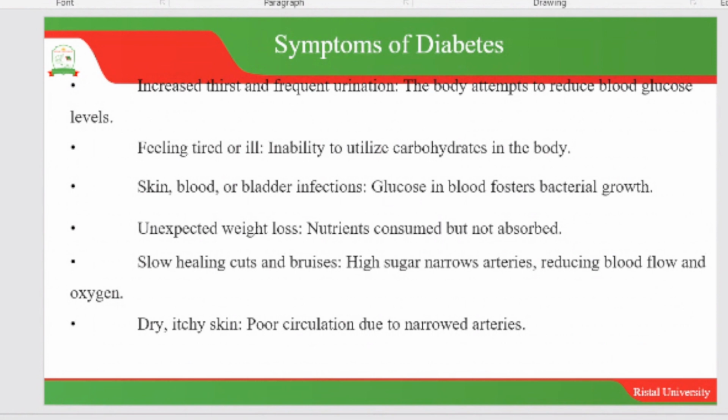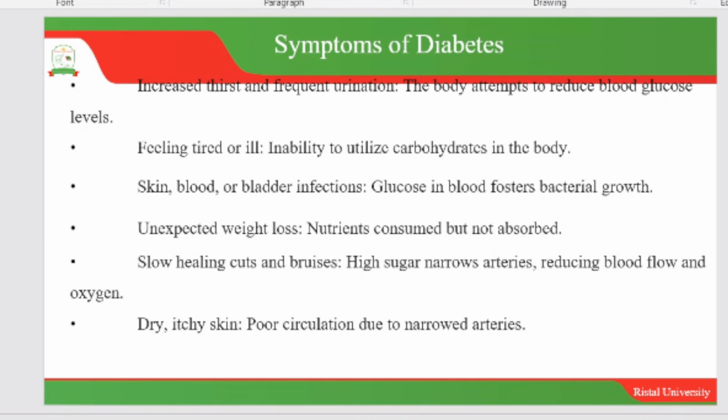There is normally slow healing of cuts and bruises, and in some people, this is actually what will be seen. It is what will signal that likely this person is having diabetes. The person gets a small cut, but the cut cannot heal. It takes long. So high sugar narrows arteries, reducing blood flow and oxygen.